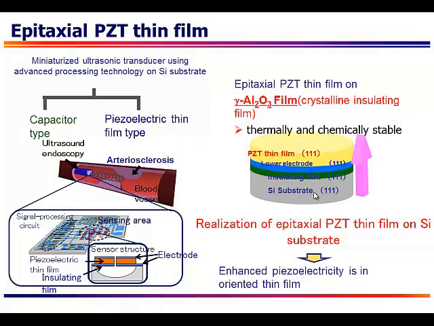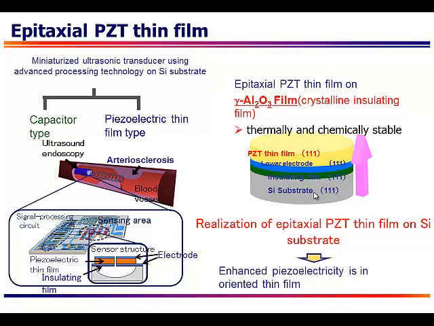We use gamma alumina there as an insulating material. On top of that, we use the lower electrode and the functional thin film that I mentioned in the previous slides, which was 500 nanometer thickness, and that was used for this ultrasonic transducer.